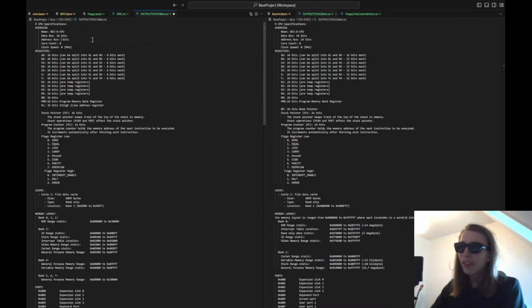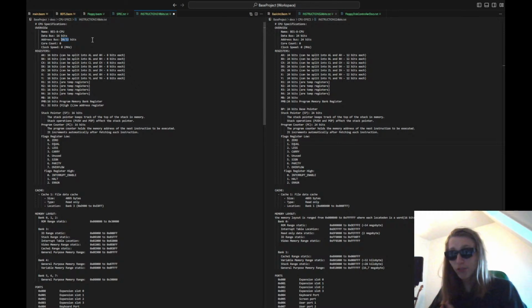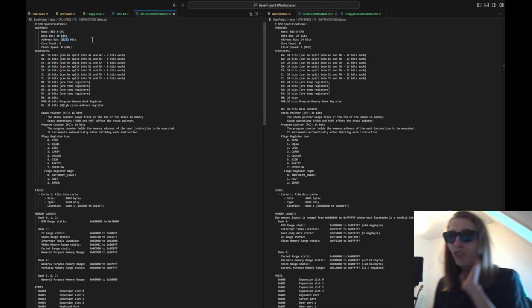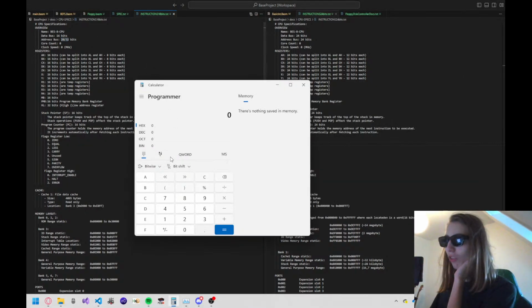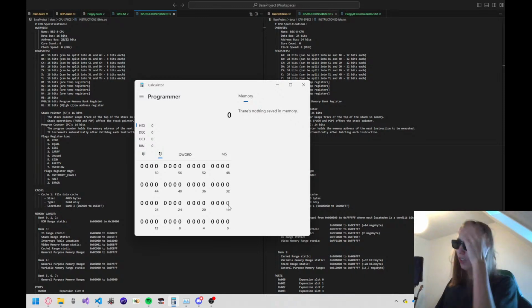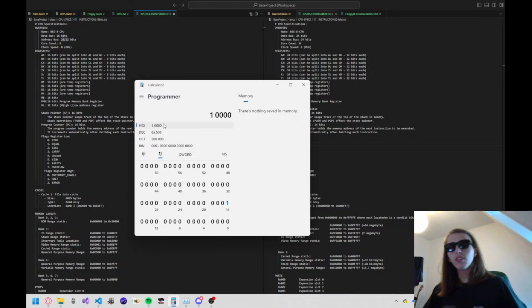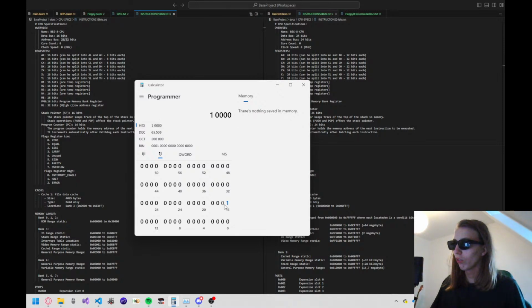Now I've decided to make a 20 by 30 bits address. Yeah, 20 by 30, that's a lot. But why specifically 20? If we look at a calculator, beforehand we had 16, which is 64 kilobytes.